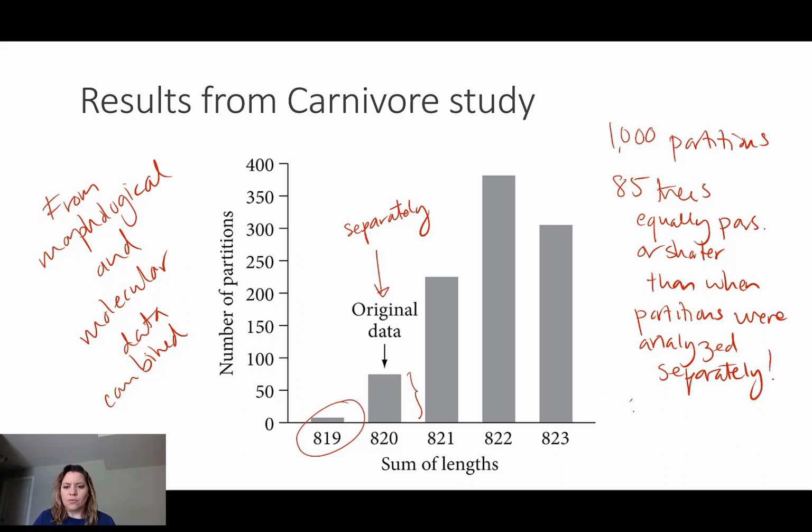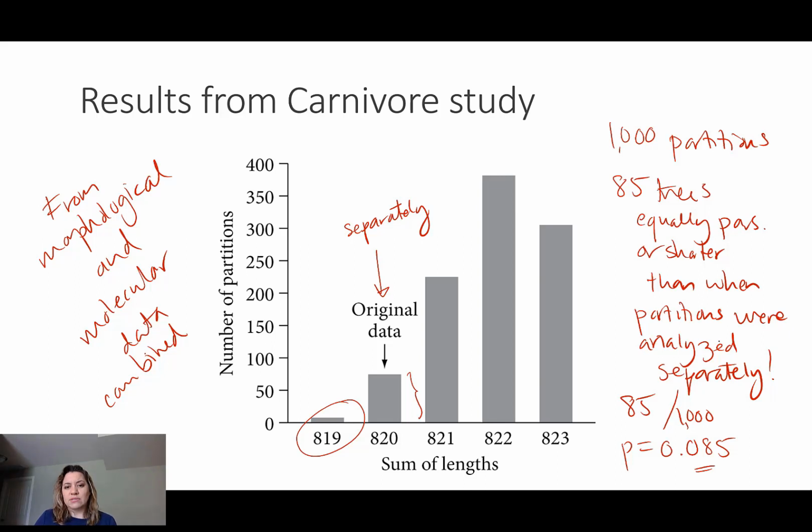Okay, so 85 out of 1,000 different trees that we looked at, 85 of those gave us a tree that was just as good or shorter than the original set of trees. And if you do the math here, 85 divided by 1,000, you will end up with the equivalent of a p-value of 0.085. All right, or 8.5%.